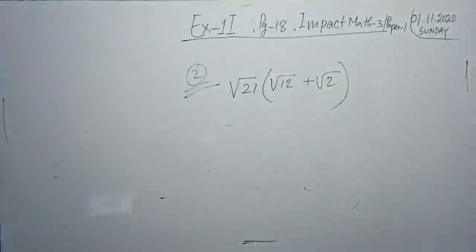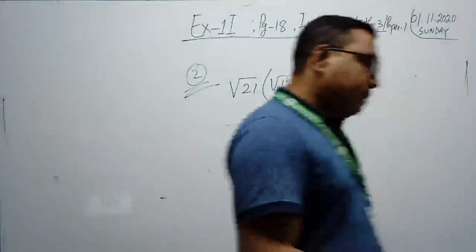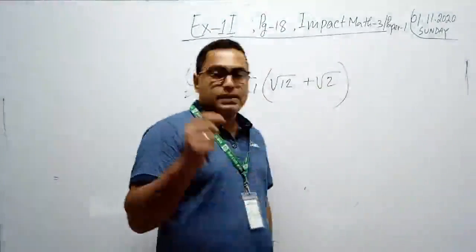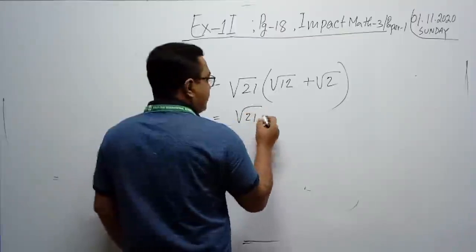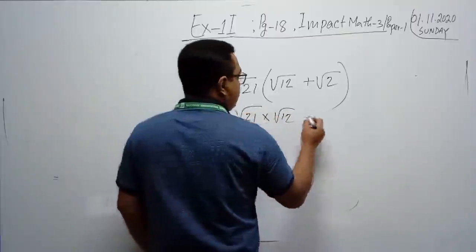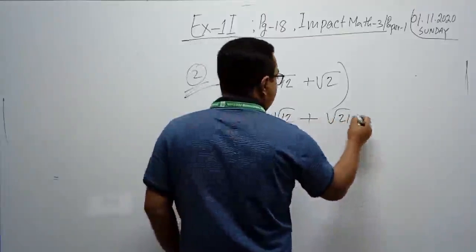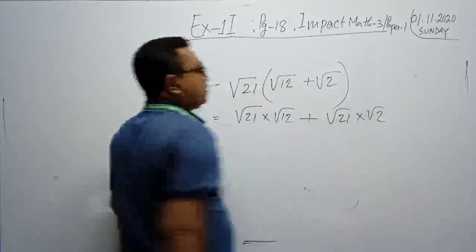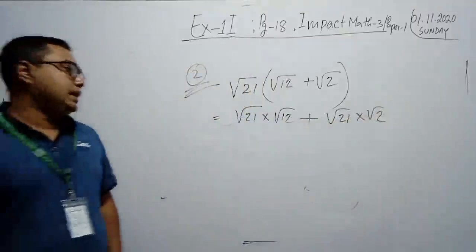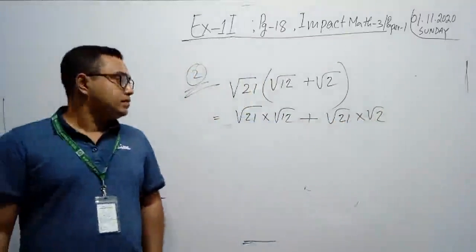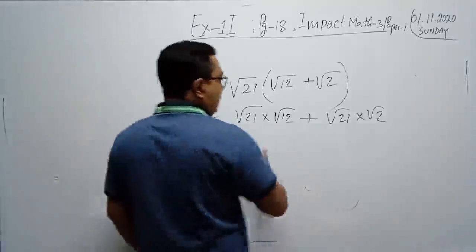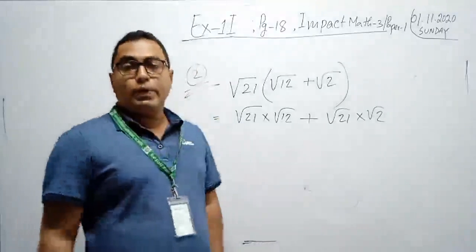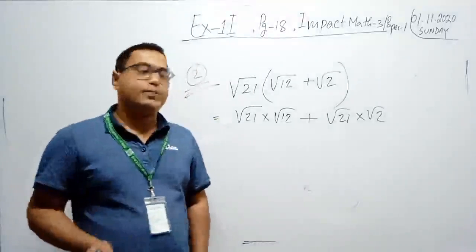So inside the question what they ask, multiply out the brackets, that is the first step. So square root of 21 into square root of 12 plus square root of 21 into square root of 2. Now we need to simplify them. So how do we do it?